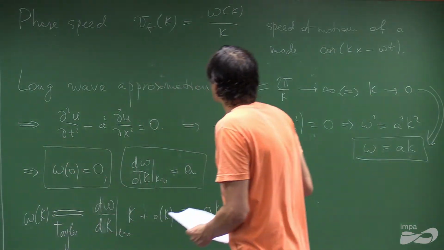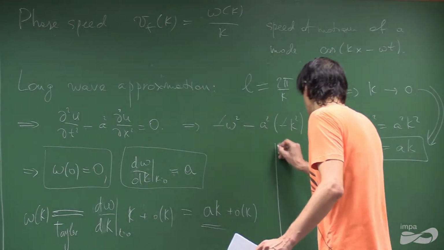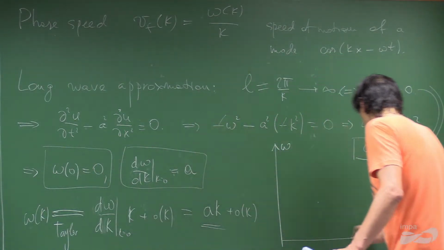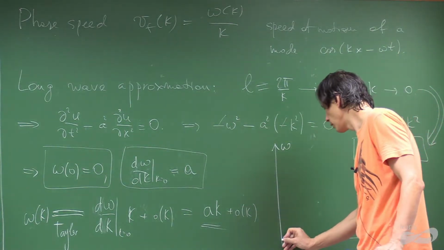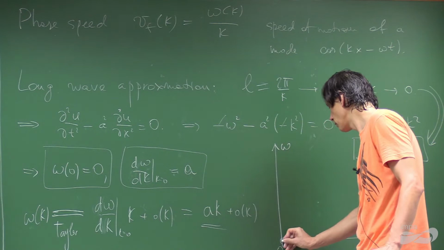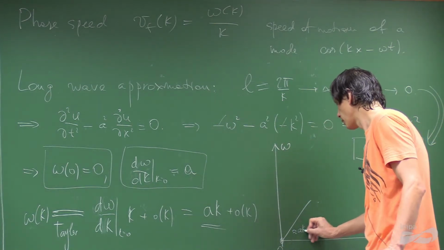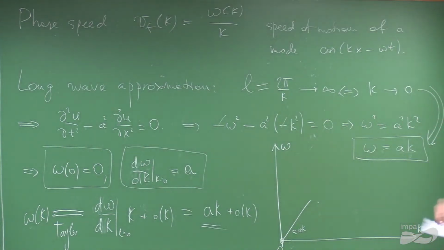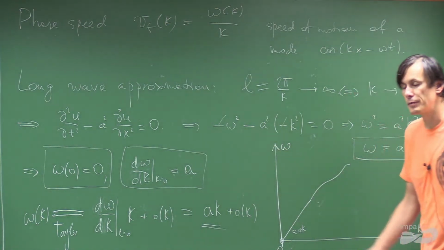So we know that in general we can have some dependence between wave number and frequency. It should start from 0. It starts with the inclination, where the coefficient is the wave speed, but then something can happen. It may become nonlinear.